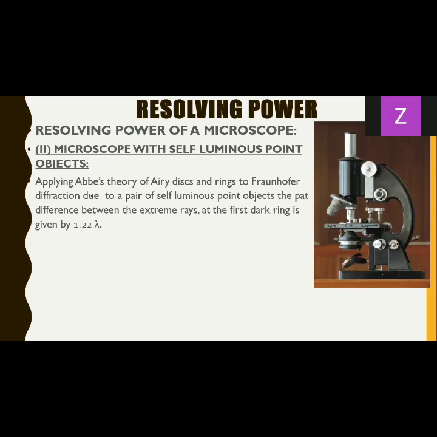So we have the big huge derivation of that. What we are interested in is where the first ring is formed, the first dark ring to be precise. So the difference between the extreme rays at the first dark ring is given by 1.22 lambda. Just remember this, it has a derivation, but we are not going into the details of that. It's neither given in your books nor in any other books for your level.